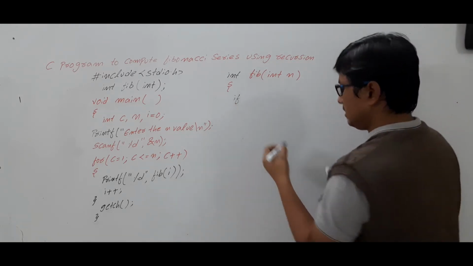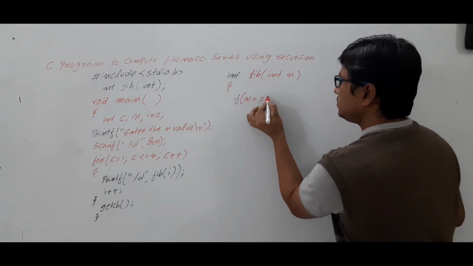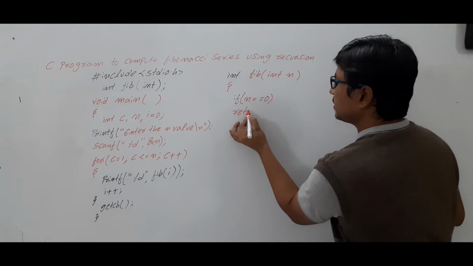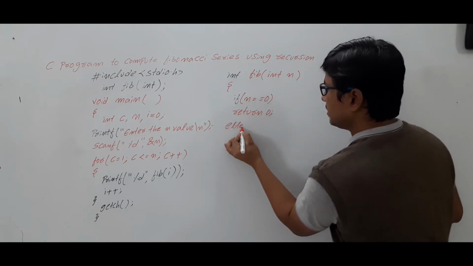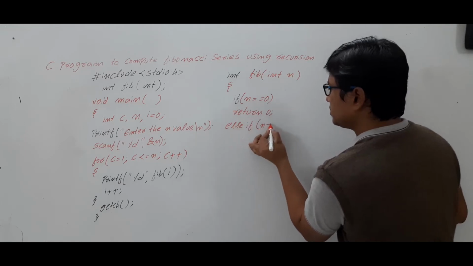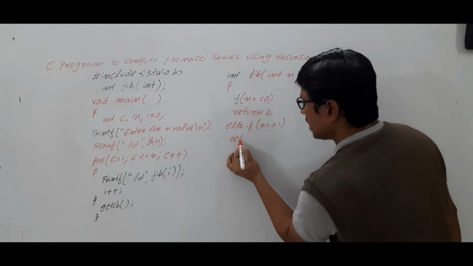If n is equal to 0, then you need to return the value 0. Else if n is equal to 1, then you need to return the value 1.